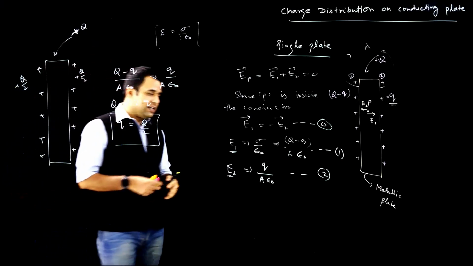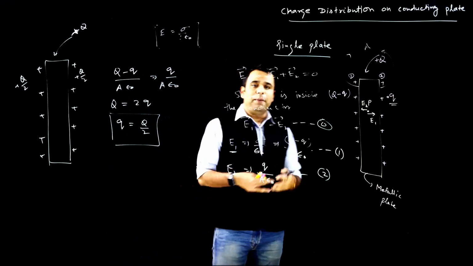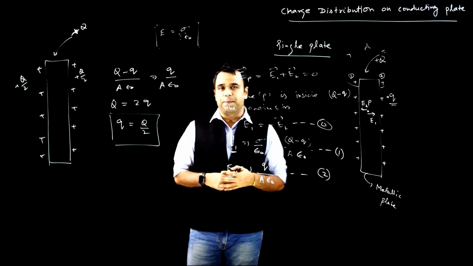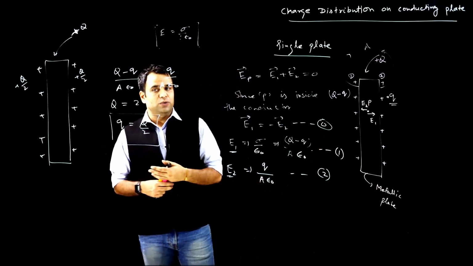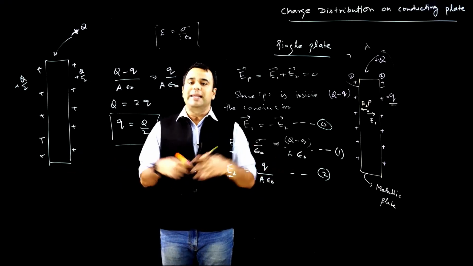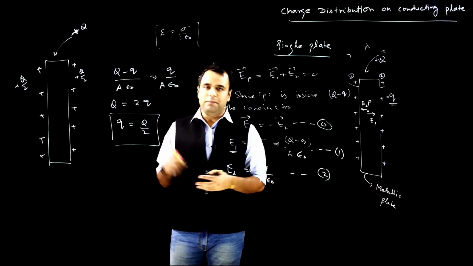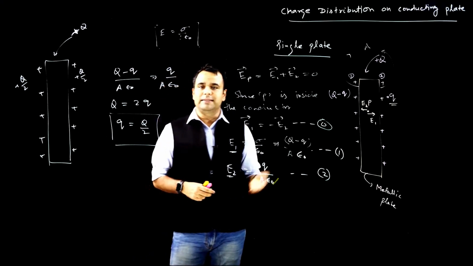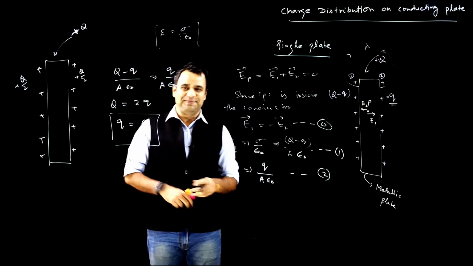Whatever charge you provide to a single plate placed in a vacuum with no external influences, the charge will get divided into an equal amount on either side of the plate. That relationship you can memorize, and you can directly utilize it while solving questions. Okay, thank you.